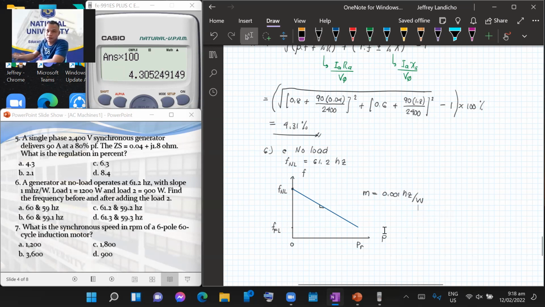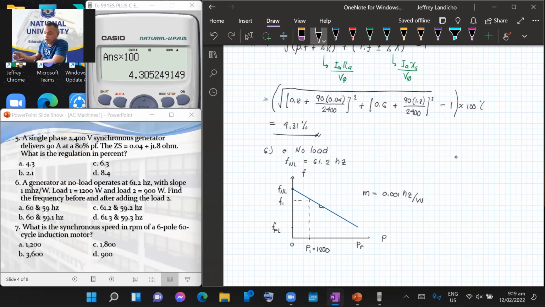So from no load, we connect two corresponding loads. The first load has a given value of 1,200 watts. So we have P1, where the load connected is 1,200 watts. When we project that, we get the corresponding frequency, F sub 1.